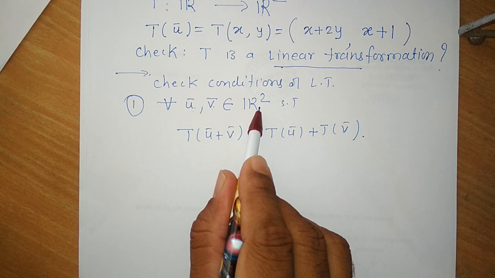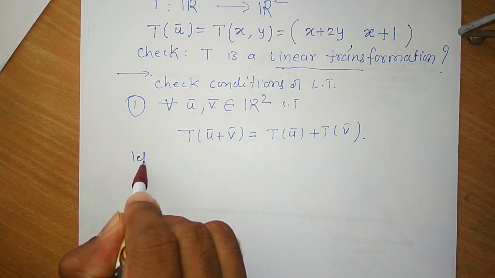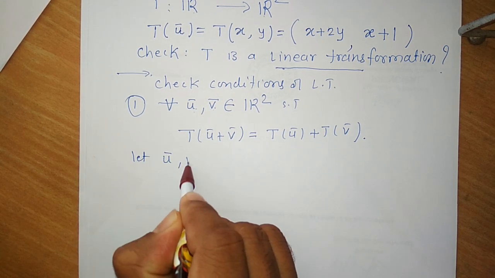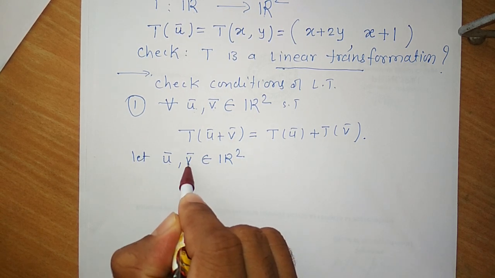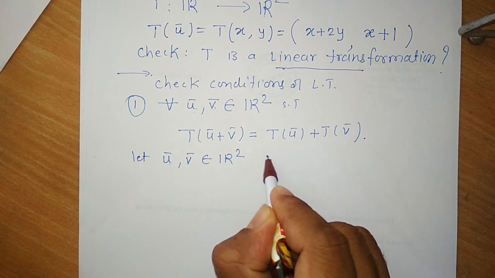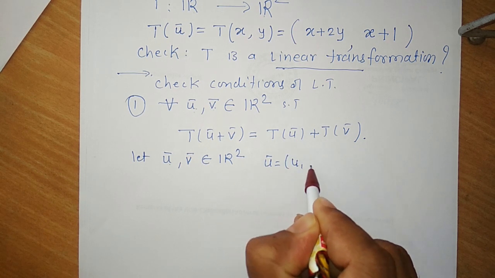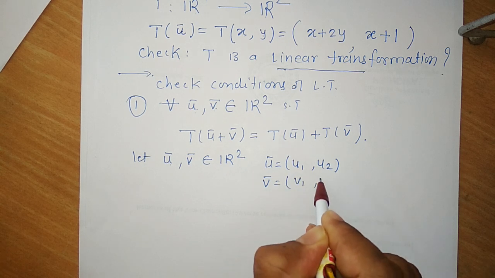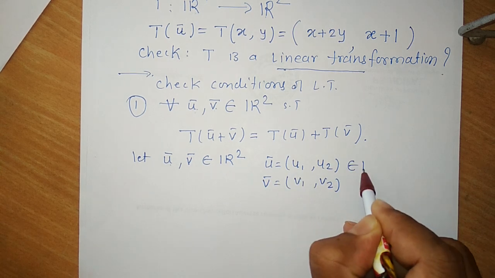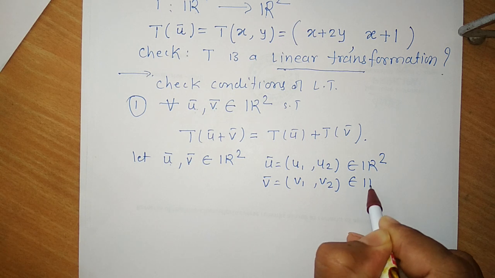Take two vectors in R raised to 2. Let u bar and v bar have two components: u bar equals u1, u2 and v bar equals v1, v2.